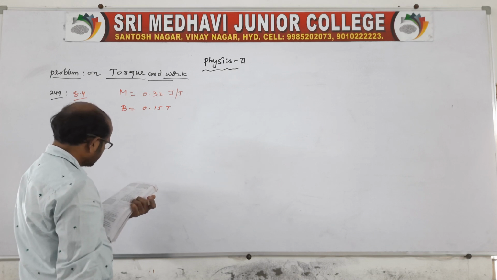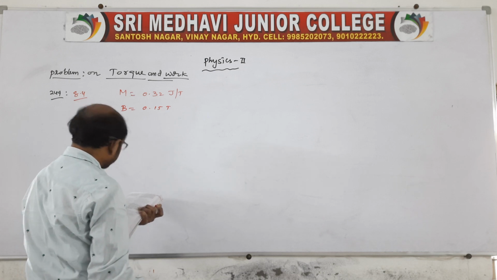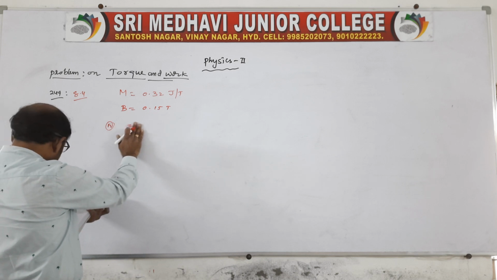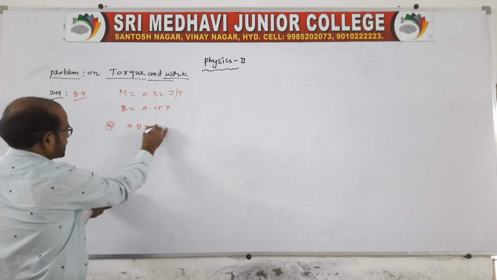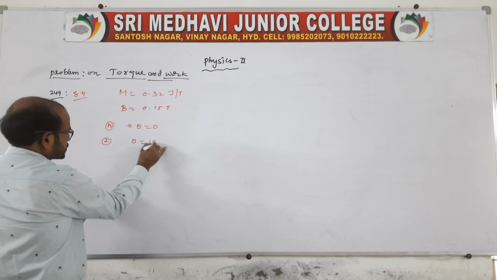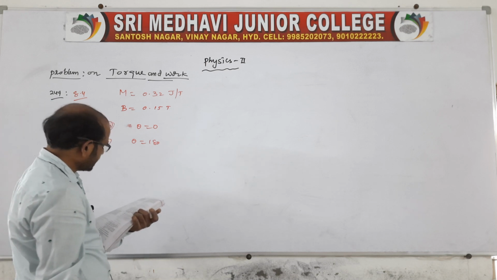Which orientation would correspond to its first stable and second unstable equilibrium? Stable is theta equal to 0, and unstable is theta equal to 180. What is the potential energy of the magnet in these cases?